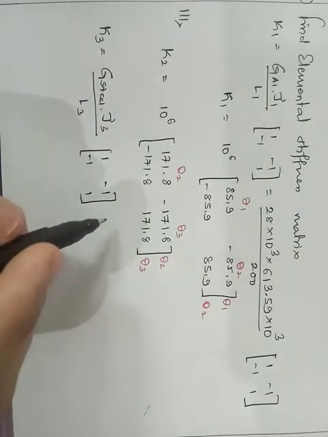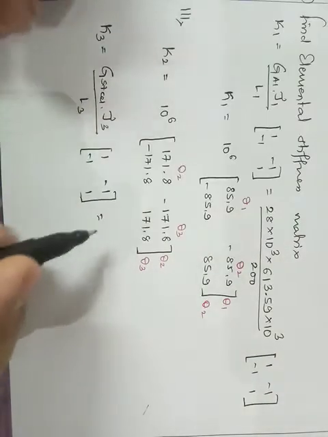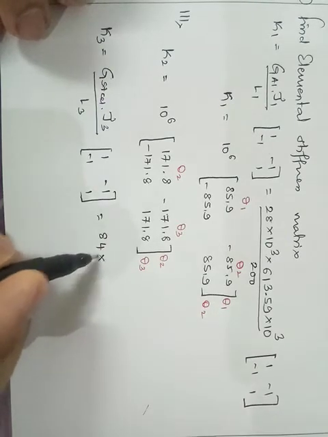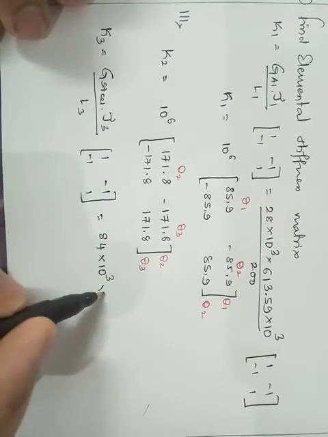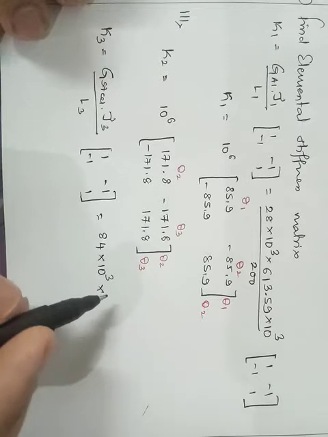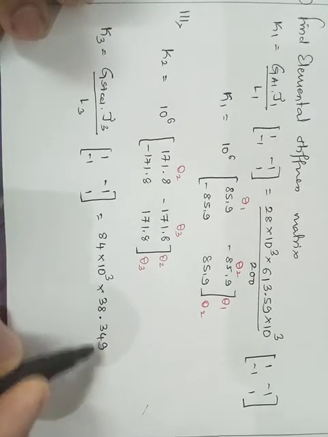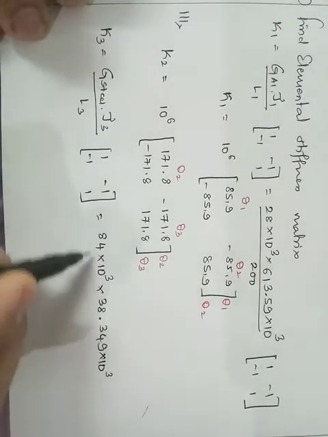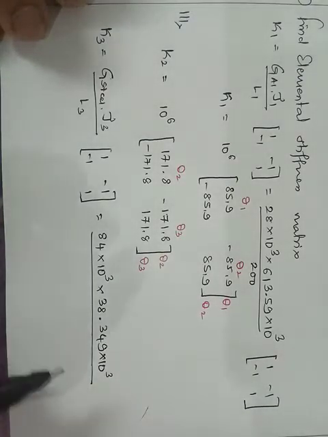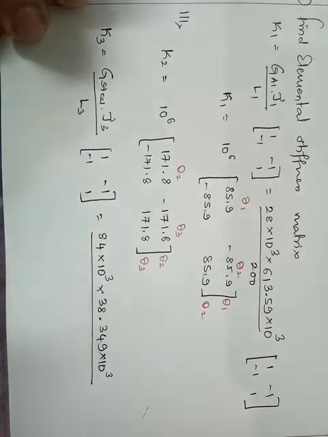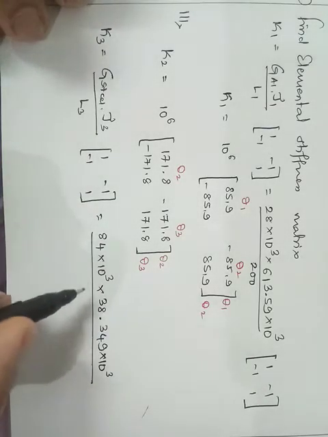Now G for steel comes out to be 84 into 10 raised to 3. J3 value is 38.349 into 10 raised to 3. I already calculated it, so I am taking it directly. You can refer to the calculation, you will get to know how I have done that.